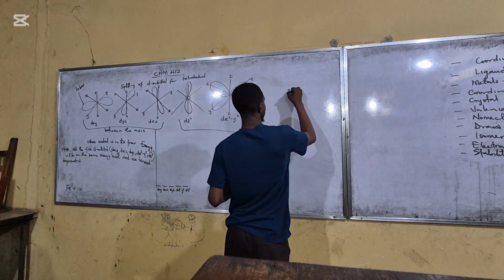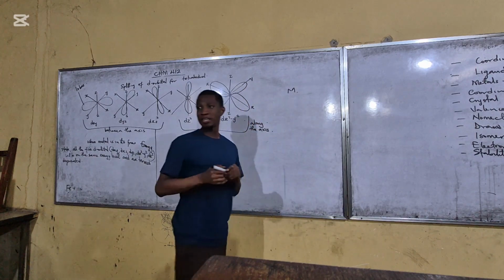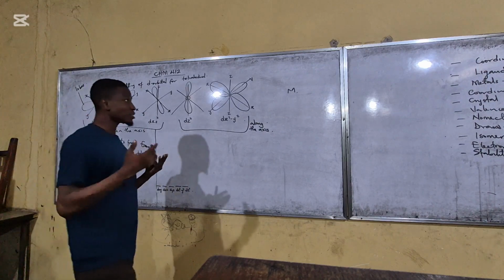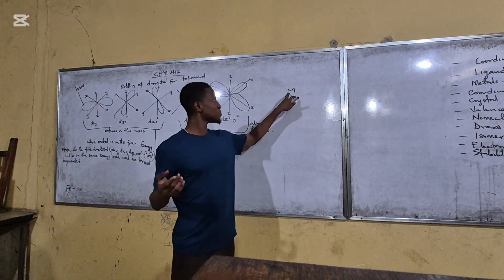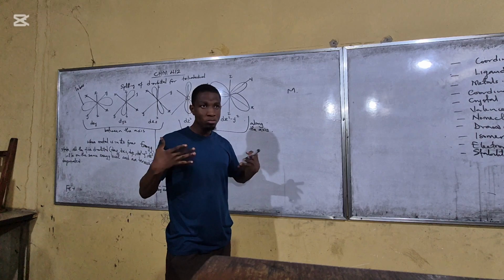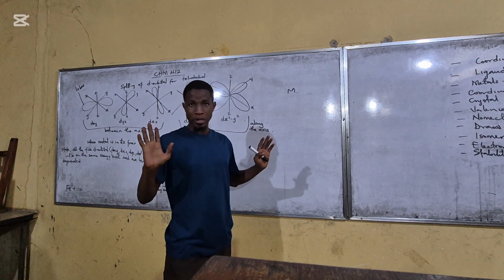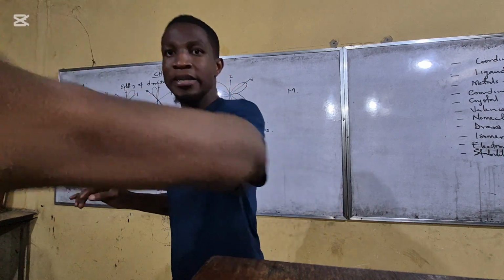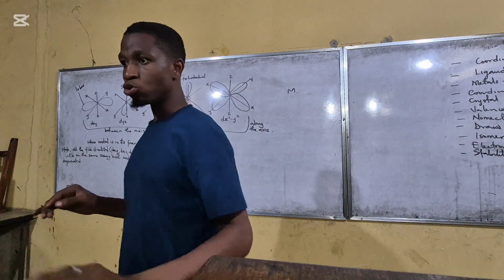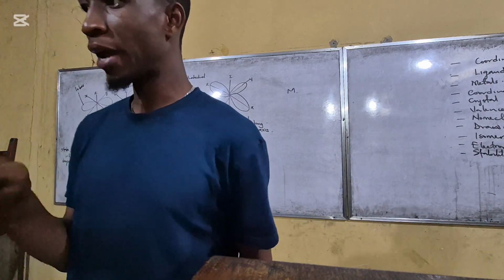Now let's look at something. This is a metal. And we said metals and ligands share an electrostatic interaction, meaning if this metal notices that ligands are coming, they begin to repel. Let's say there's a magnet here. You have not put another magnet here yet, you're just bringing it close, and you know that you start reacting.